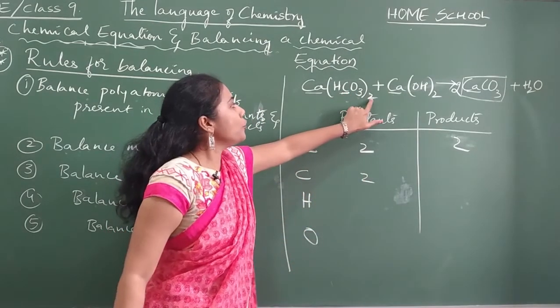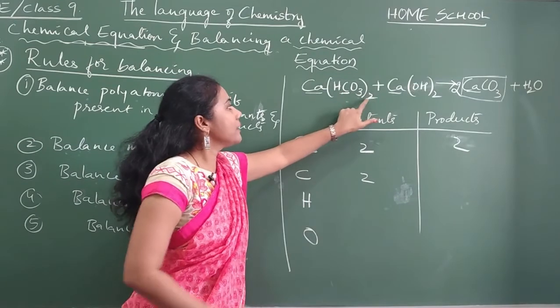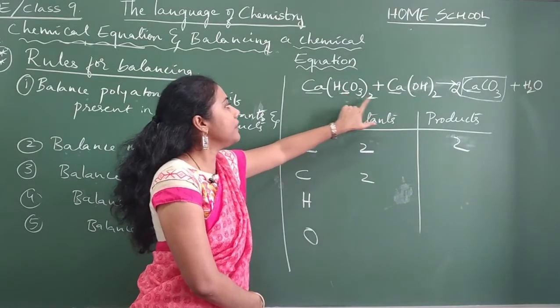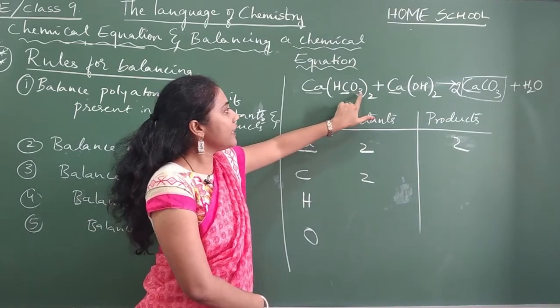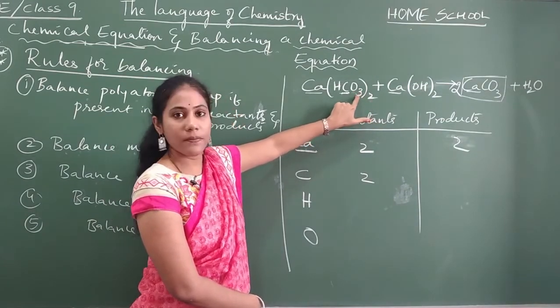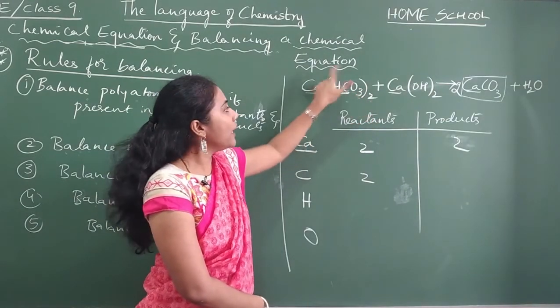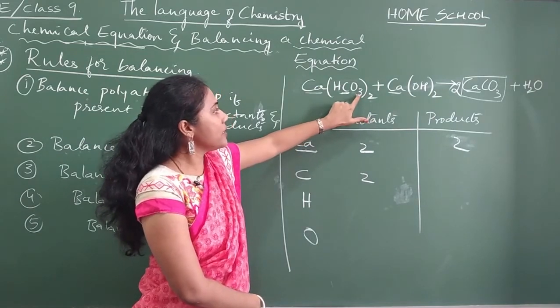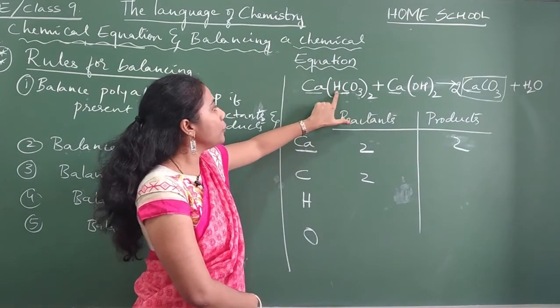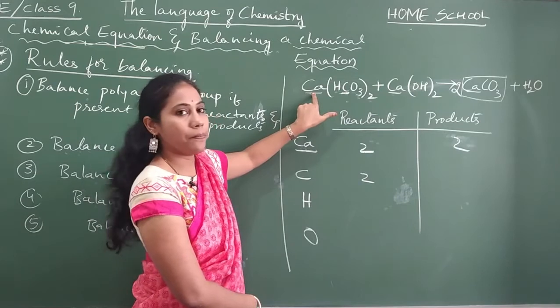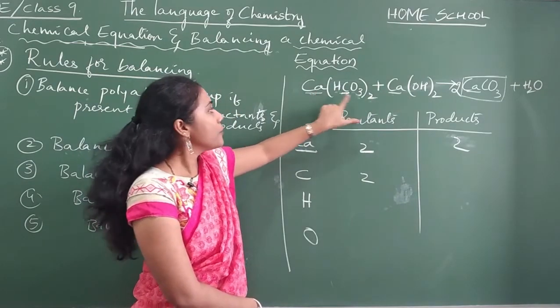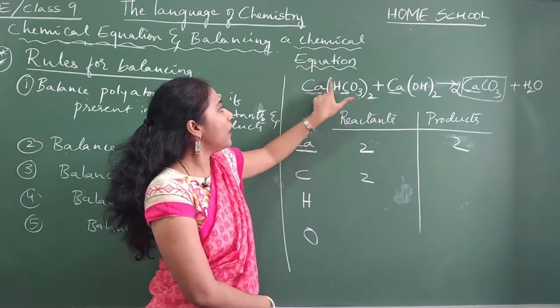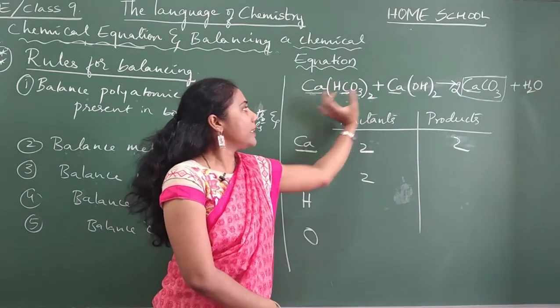This 2 can belong to hydrogen, carbon, or oxygen. Can you tell me how many oxygens are there? 3 into 2, 6 oxygens. In this formula alone, there are 6 oxygens, 2 carbons, 2 hydrogens and 1 calcium. This 2 will not belong to calcium. This 2 belongs to the things within a bracket.